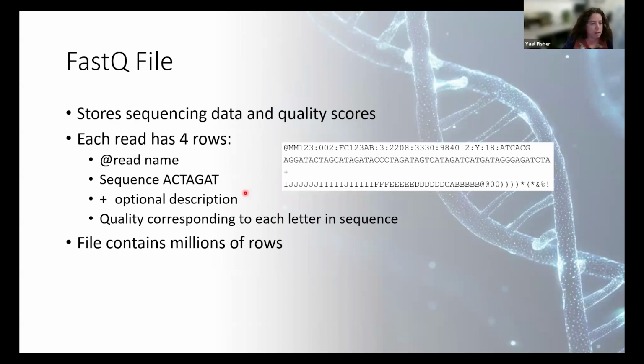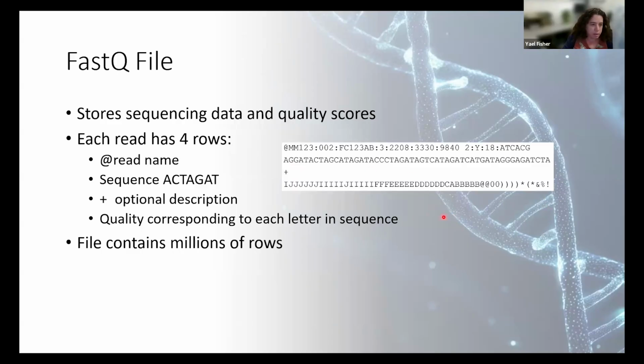And the fourth line is the quality line that corresponds to each letter in the sequence. So each of these letters gets a different quality assignment. This is done by different characters that I do not know how to interpret by heart.